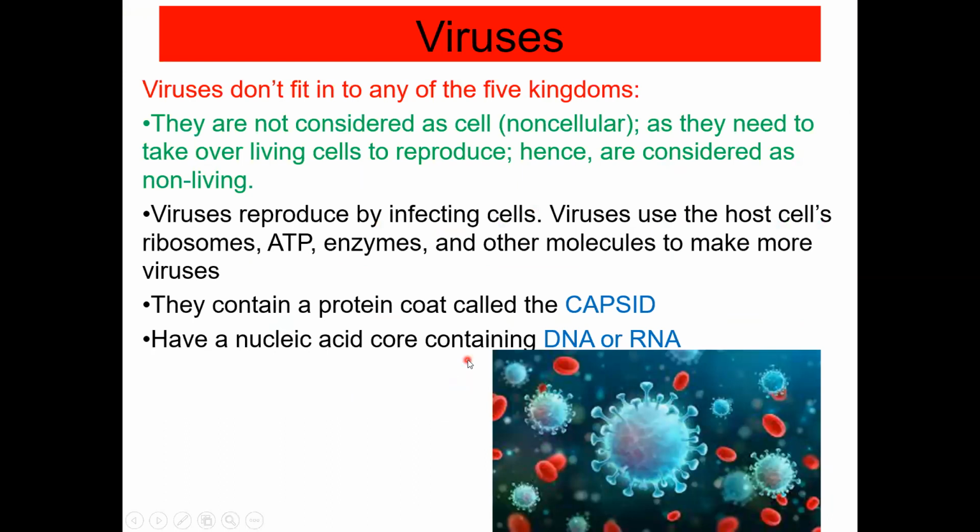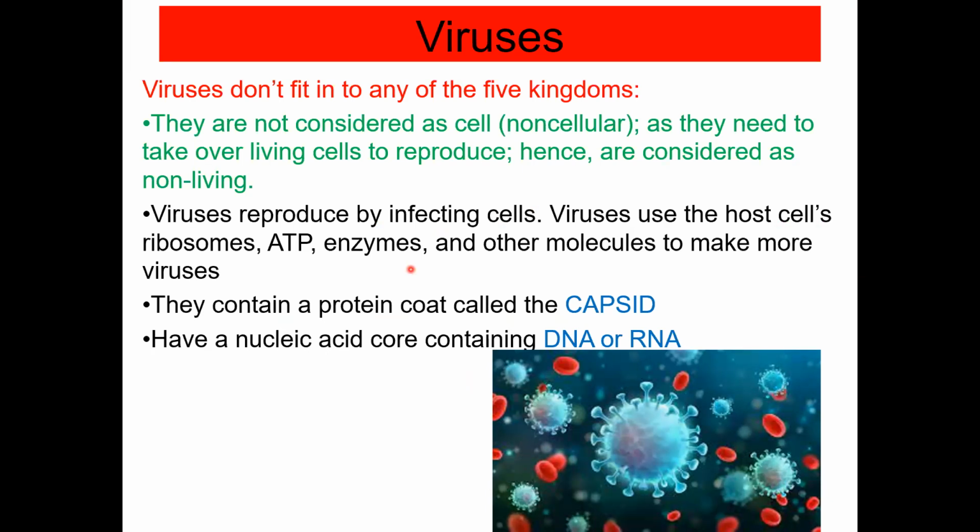Now coming towards the viruses, they are not placed in any of the 5 kingdoms because they are not considered living ones, because they do not have a cell structure, because they don't have ribosomes, ATP, that region, the mitochondria where the ATP is being produced, they don't have the enzymes. So they don't have the metabolic machinery.